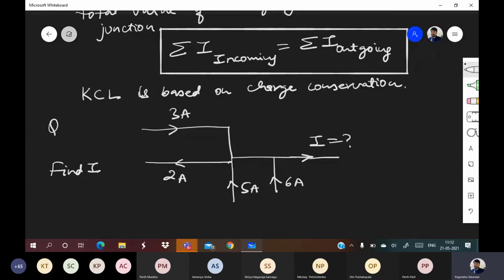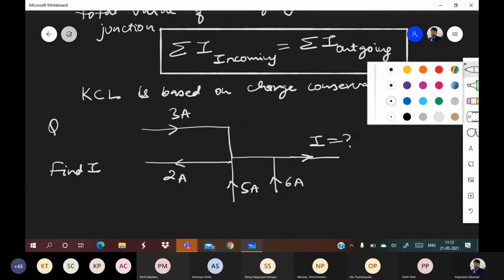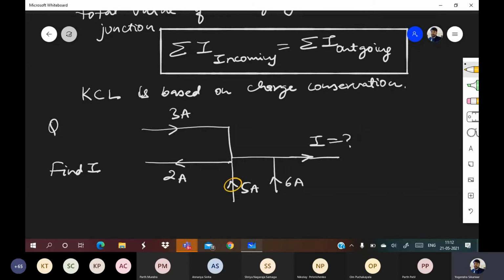All right. Okay, everyone, please pay attention. What is happening here is 5 is coming from here and 3 is coming from here. 5 plus 3 becomes 8, but 2 is leaving. So 8 minus 2 becomes 6.